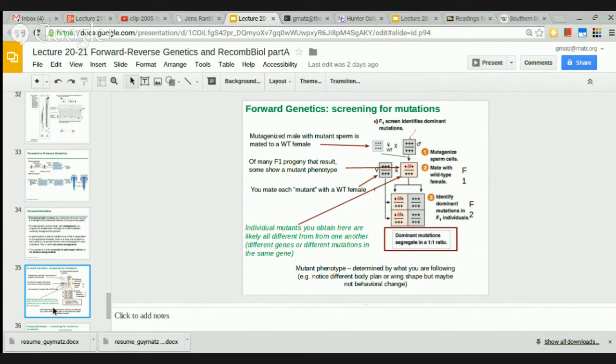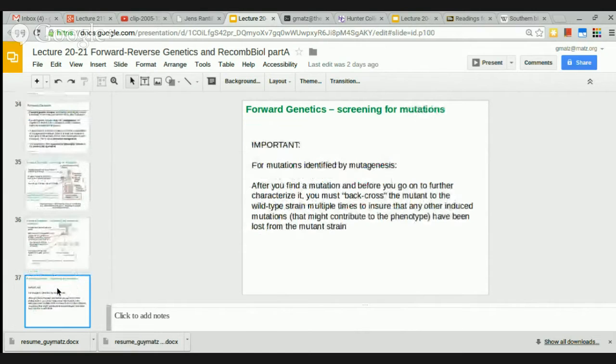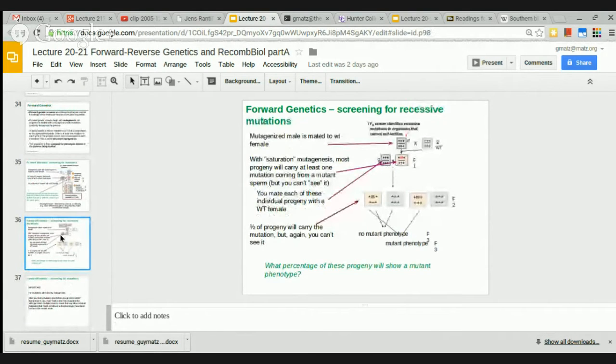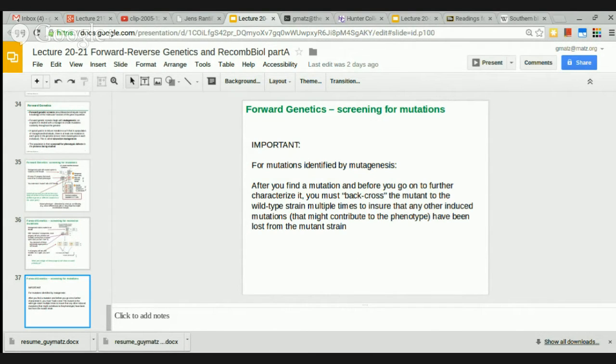It's not so easy if you generate recessive mutations, and most mutations are recessive. Okay? Dominant mutations are in fact pretty rare. So most of the time what's happening is that you mutate this male, and again, a bunch of its sperm are mutated. And then some of the progeny you mate to a wild-type fly, if I want to really analyze that mutation.